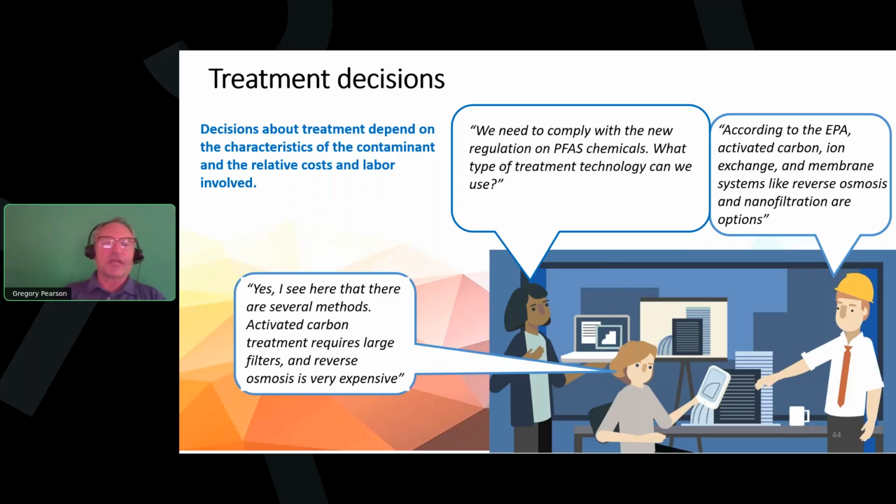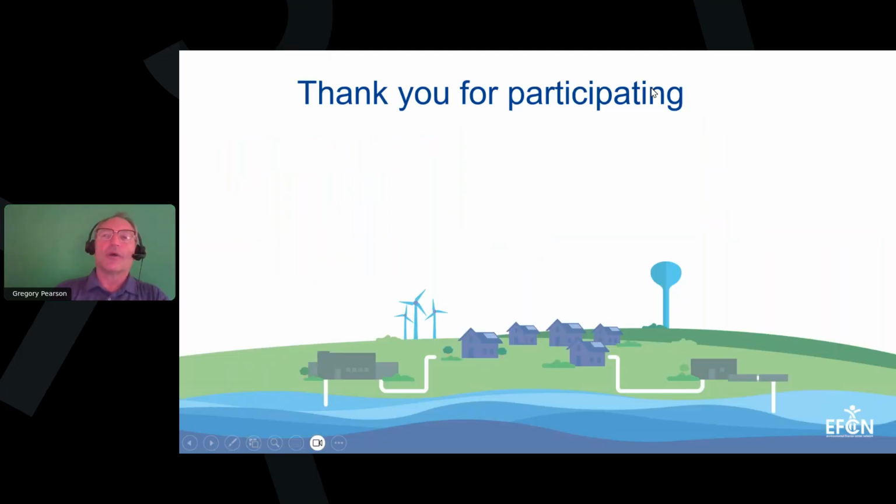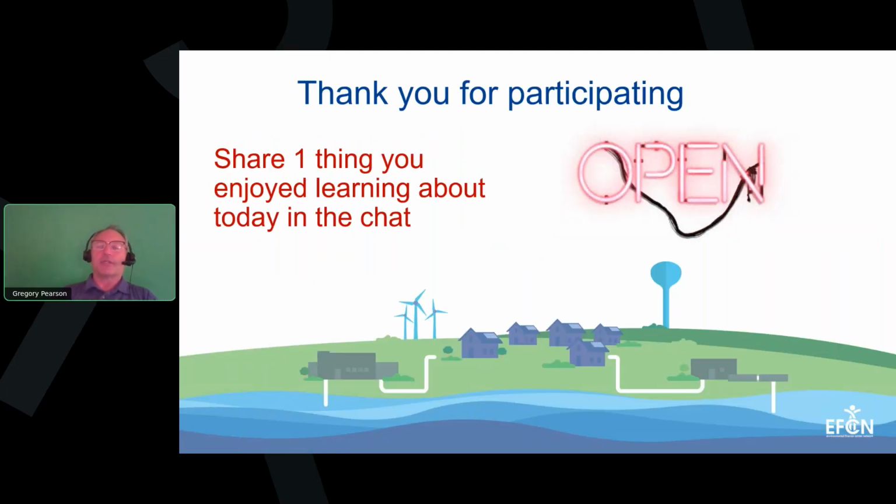And there's things to consider. Activated carbon, you have to have a pretty large filter, and reverse osmosis can be pretty expensive to set up, and it has a waste stream. So those are all things we need to consider as we're looking into treatment options.